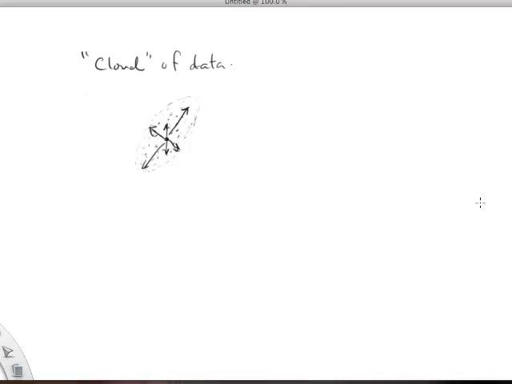So of course the mean, the center of the cloud, is a relatively easy thing to define. If you've got a big long list of these data point values r sub i, well then the average of those is going to be your best guess about where the center of the cloud is.